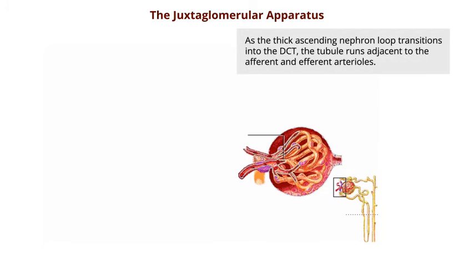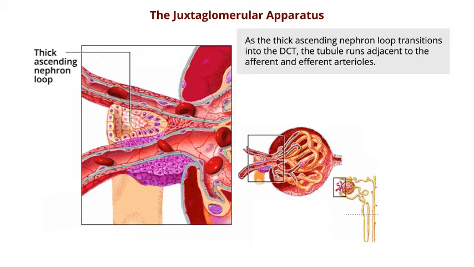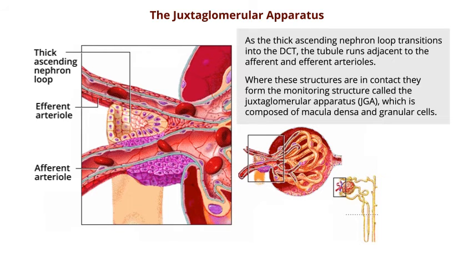As the thick ascending nephron loop transitions into the early distal convoluted tubule, the tubule runs adjacent to the afferent and efferent arterioles, where the cells of the arterioles and of the thick ascending nephron loop are in contact with each other. They form the monitoring structure called the juxtaglomerular apparatus.